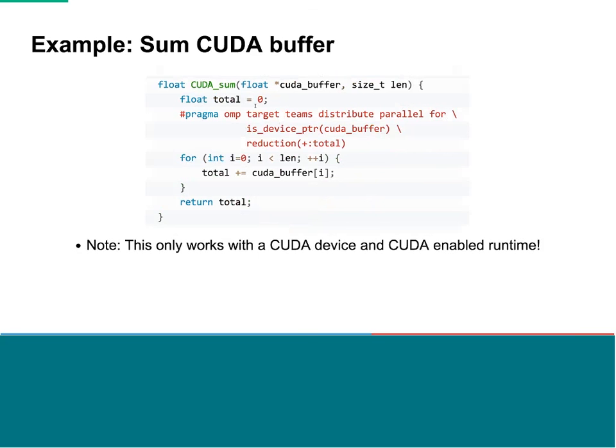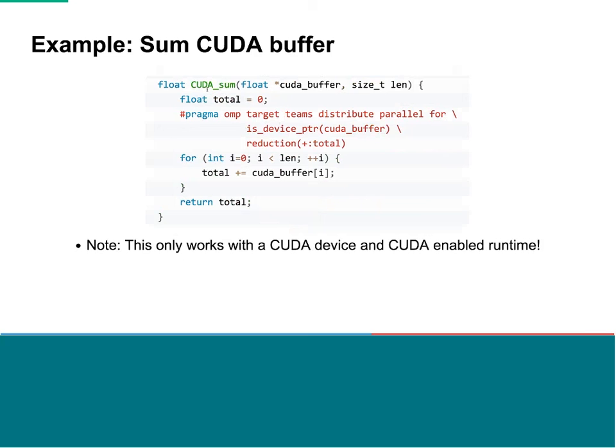Now, the other way is, let's say that you have a largely CUDA application and you want to write some routine in OpenMP. Now, I just have a simple sum here, but one example of something that I've heard people wanting to do with this is reductions, which are somewhat frustrating to write efficiently in CUDA from scratch, but are relatively simple to write in OpenMP.